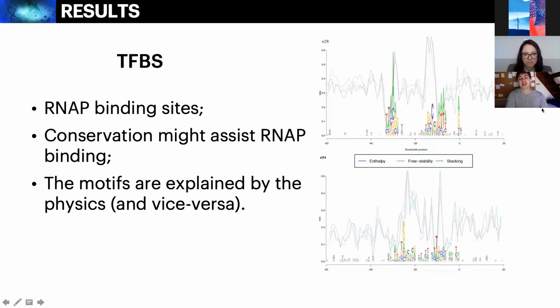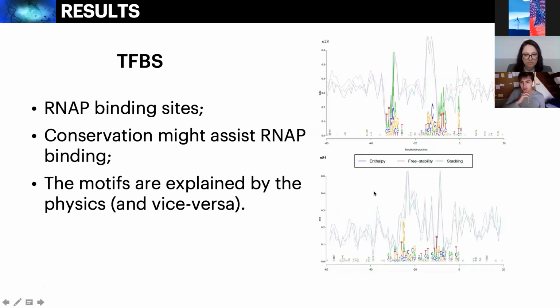Moreover, we have been able to identify the binding site of transcription factors, in that case, the sigma. I have selected here these images of sigma 28, the upper one, and the bottom one, we have sigma 54, I'm sorry.